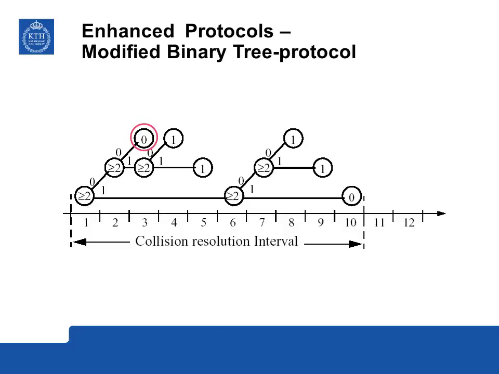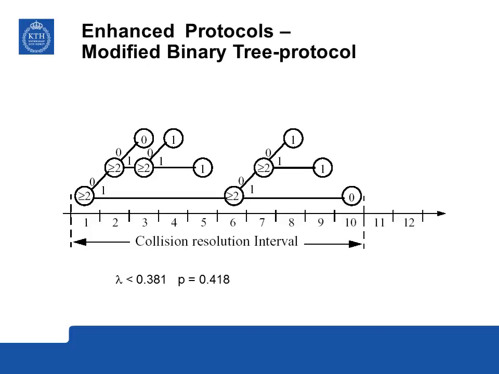So we can simply skip that transmission and branch immediately in slot number 3. By that we save one transmission slot, so the conflict resolution interval can be limited to 10 in this particular example.